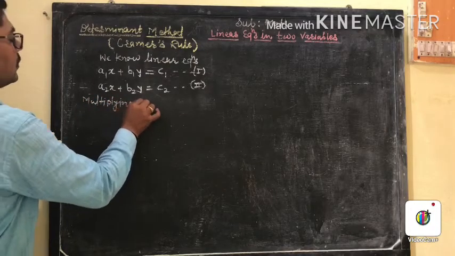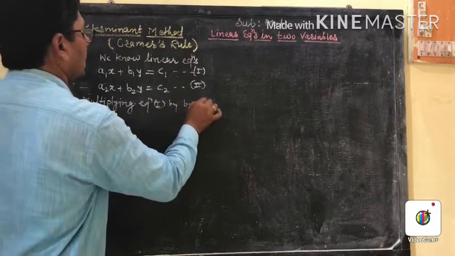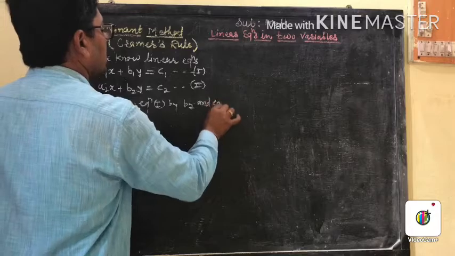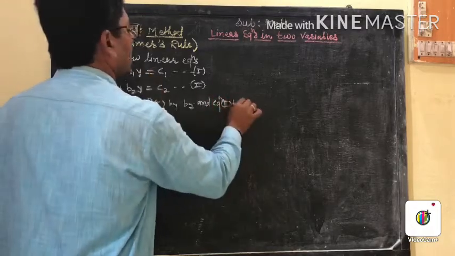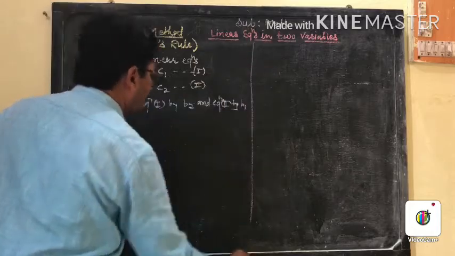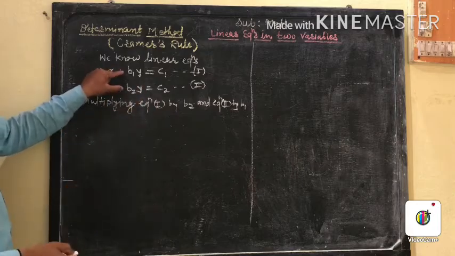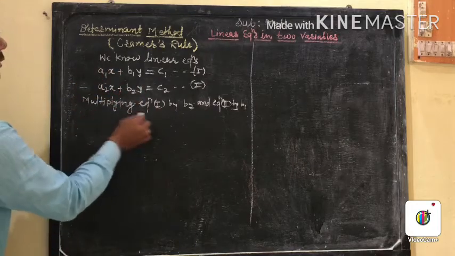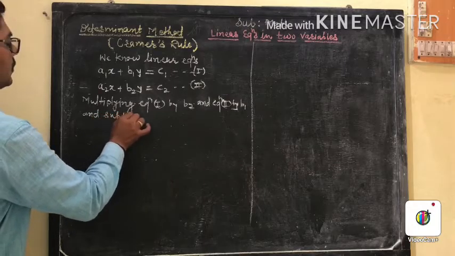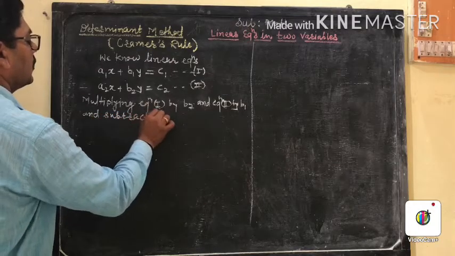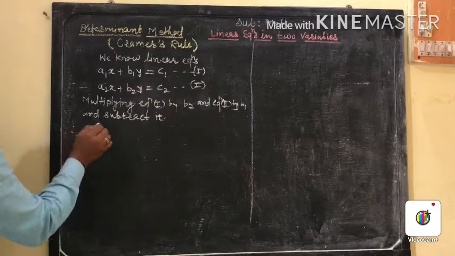Multiplying equation 1 by b2 and equation 2 by b1, the signs are the same here, therefore we subtract.